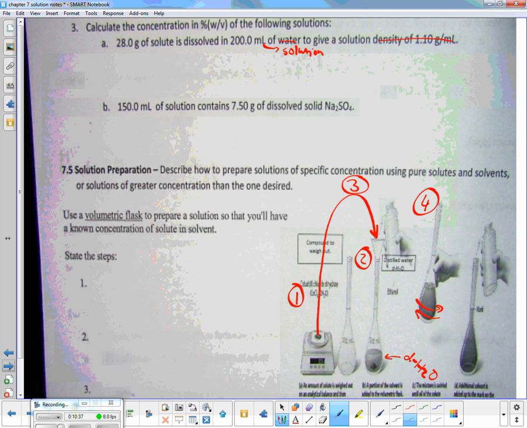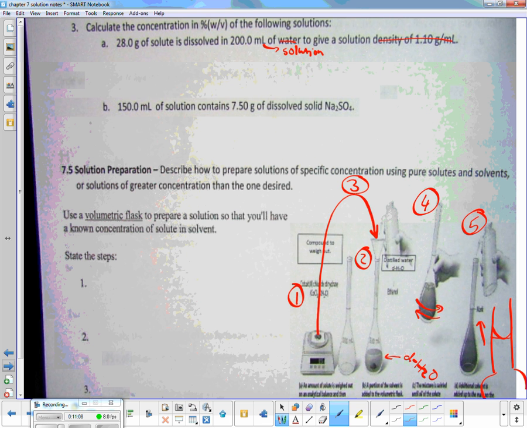Then step 5 is I fill this up until the bottom of the meniscus hits the line on the volumetric flask. So my volumetric flask, the rest of it would be down here. Basically I've got 5 steps, right? And I know it says, I think there's 7. The first step would be figuring out what beaker size I need, how much do I need to weigh out. So those are the other 2 steps.